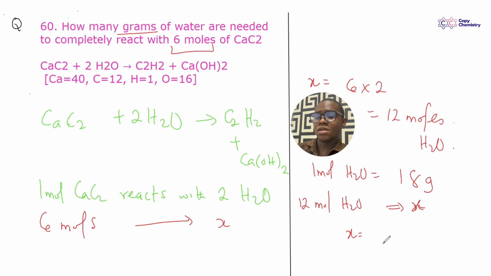So your X is going to be 12 multiplied by 18. And then what would that one be? Okay, I might not really ask my student to do that, but 12 multiplied by 18, that's 216. Yeah, that's what the calculator says. 216 grams. So that is how you calculate this question.